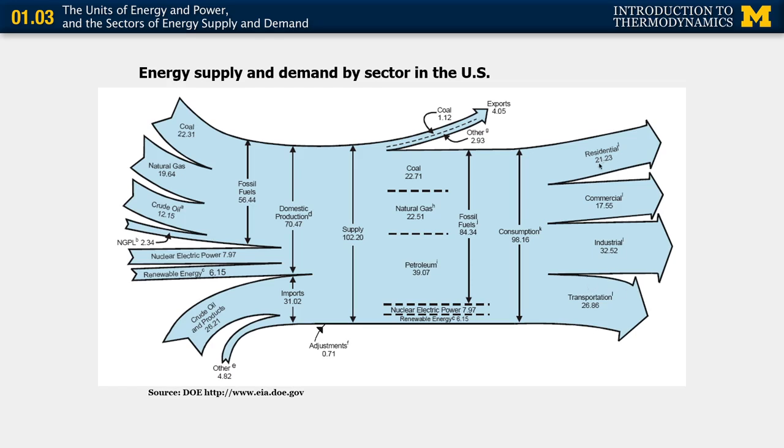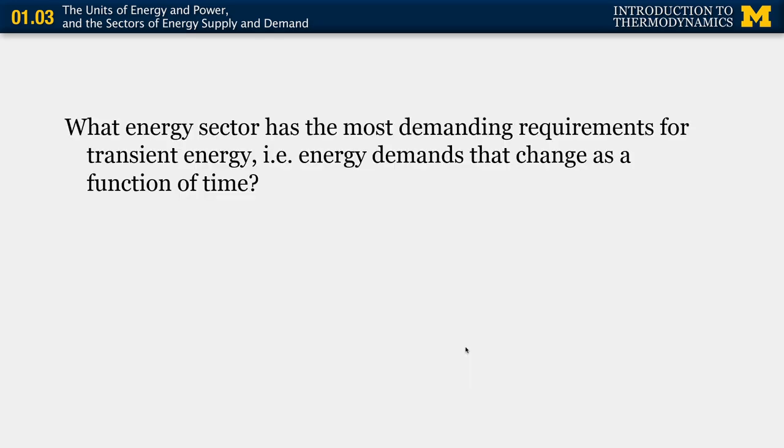So then we have to think about, what are the energy demands within the sector? What do we use energy for in the house? What do we use it for in industry? And what do we use it for in transportation? So what I want you to think about is all those examples of each of the different energy sectors, and which of those energy sectors do you think has the most demanding requirements for transient energy?